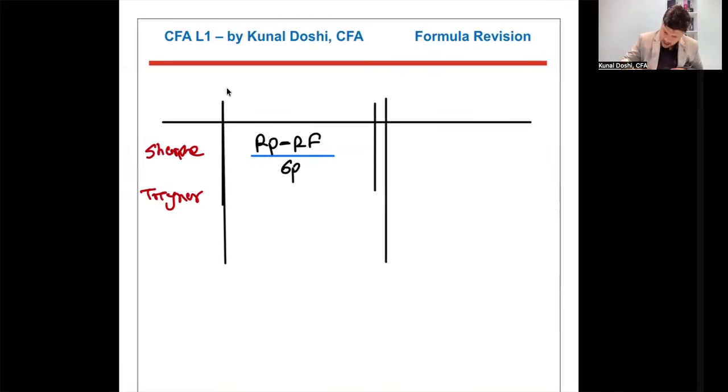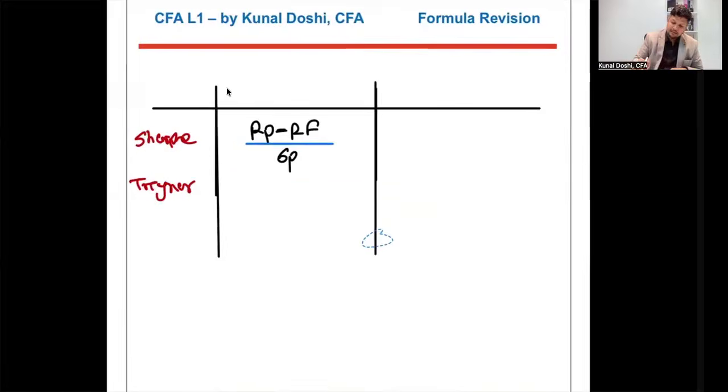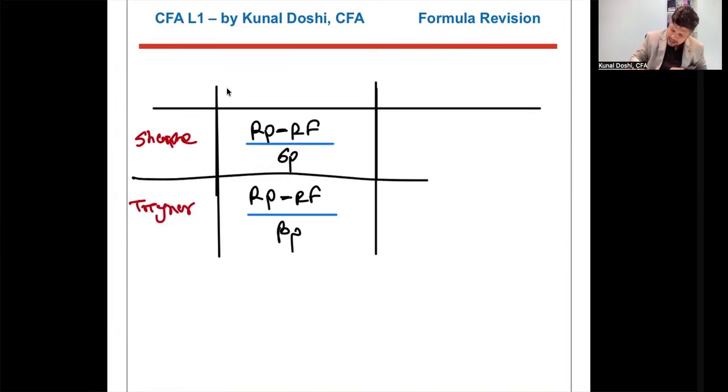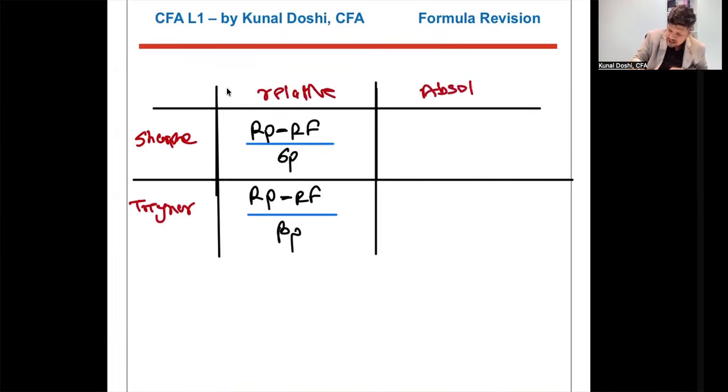And remember, the Treynor ratio is similar, but it is based on what? Treynor ratio is portfolio return minus risk-free over the beta of the portfolio. Always remember, they both are ratios, so they are relative measures.